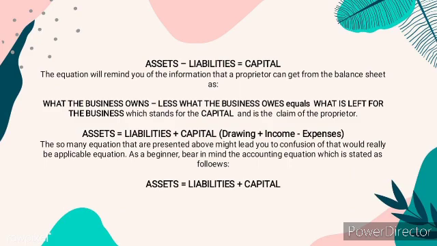So, an example of assets equals liabilities plus capital is if a company wants to manufacture a car part, they need 50,000 pesos to purchase a machine. They borrow from the bank and spend another 20,000 pesos for their equipment.